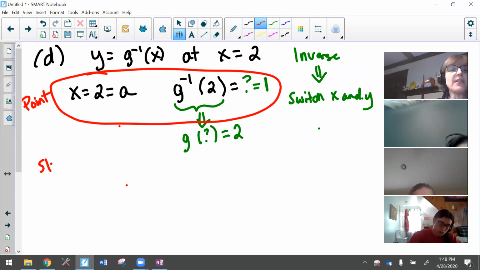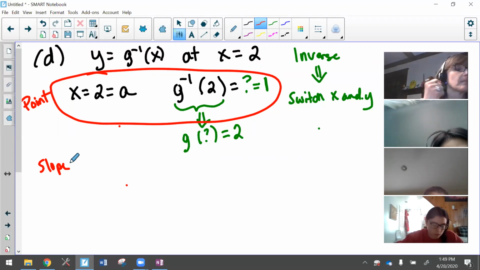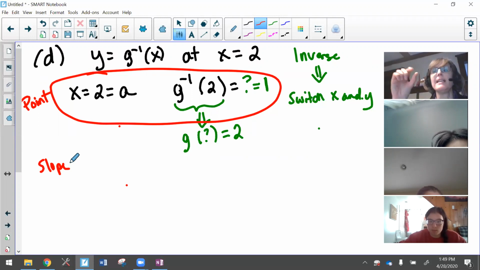And then the other thing we need to know is the slope. So this is in your book. It is a tiny little part of your book, but it is a part of your book that you need to remember or you need to know.